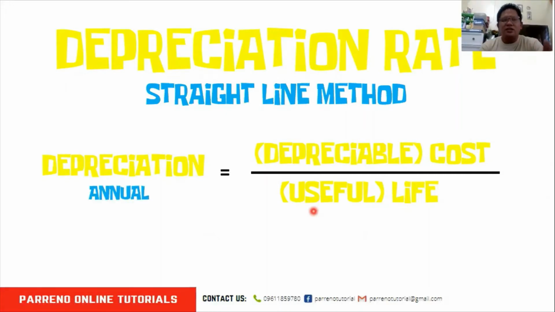The annual depreciation is computed by dividing the total depreciable cost, meaning cost minus salvage value, over its useful life in years. Then we will get the depreciation expense per year.